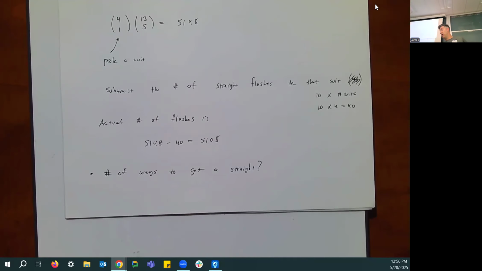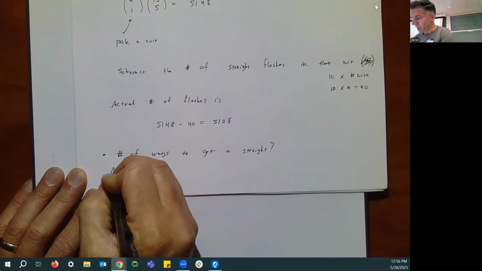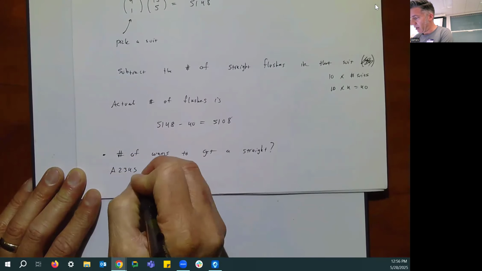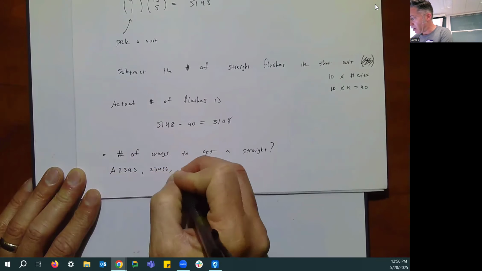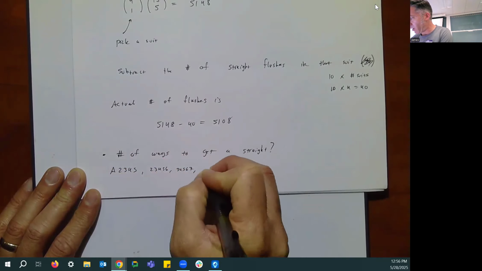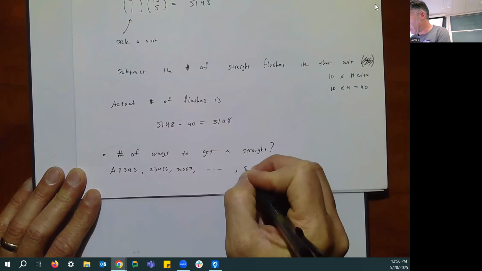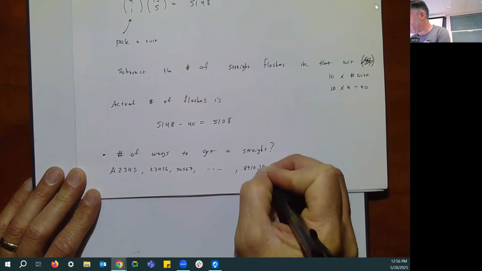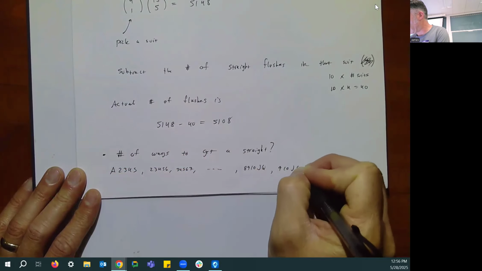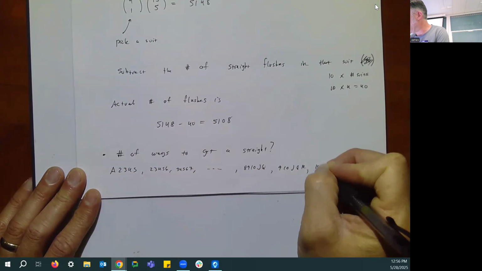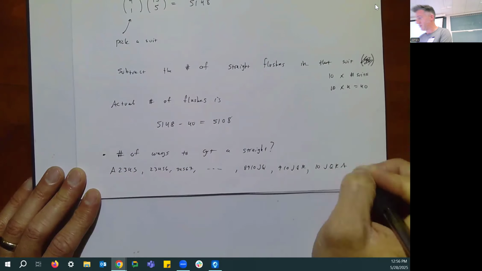or it could be up to 6, 7, 8, 9, 10, or 10, jack, queen, king, ace. So your lowest straight is ace, 2, 3, 4, 5, and then 2, 3, 4, 5, 6, 3, 4, 5, 6, 7, all the way up to 9, 10, jack, queen, king, 10, jack, queen, king, ace.